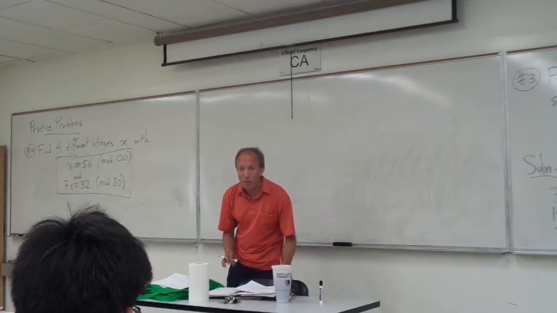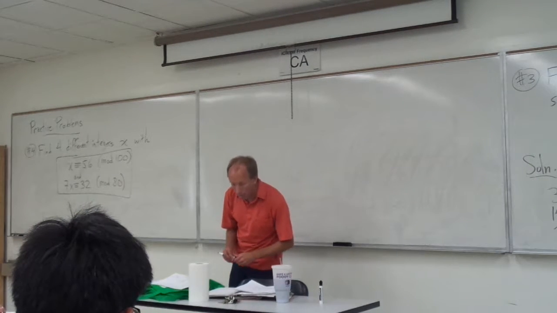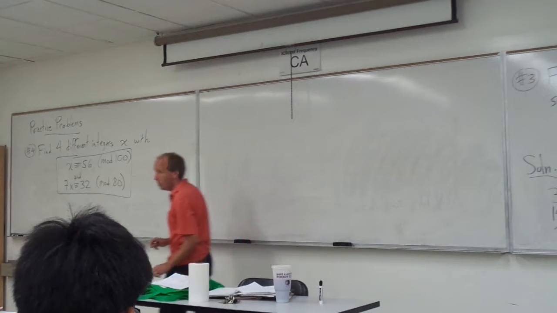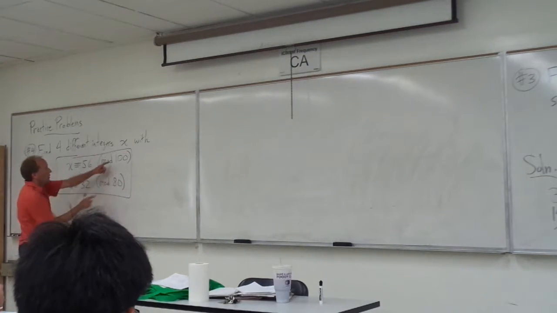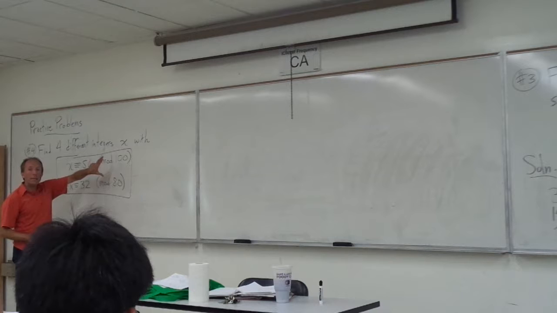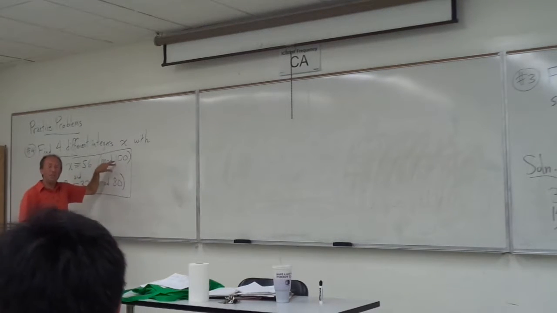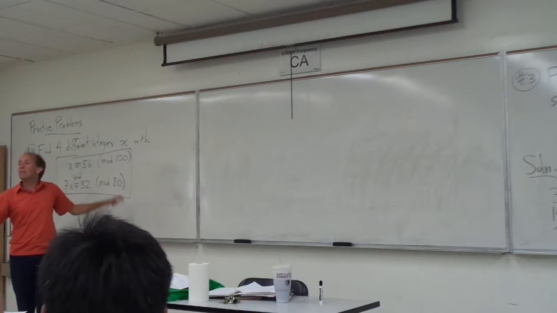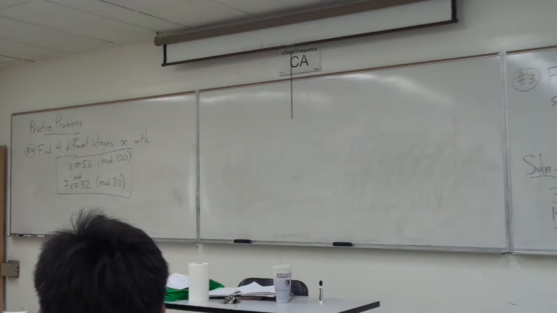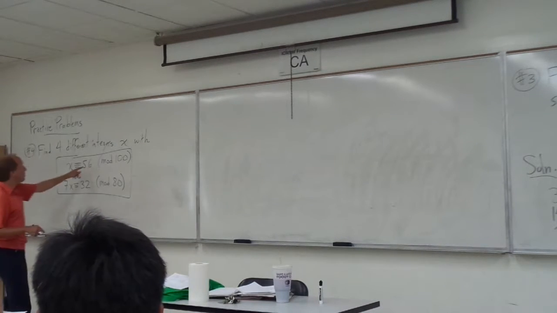It's really in the same section as the Chinese remainder theorem. I don't remember what the number is. It's actually these 2 GCDs, the GCD of these 2 numbers, I should say, has to divide the difference between these 2 numbers.